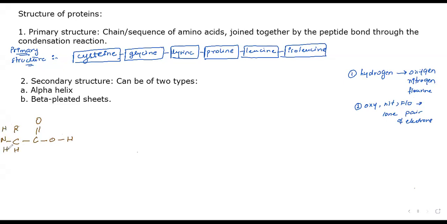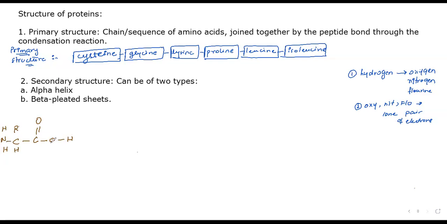Now, what is going to happen? I have this carboxylic acid. I have this hydrogen that has a bond with oxygen. When you do chemistry, you'll come across the concept of electronegativity. What is electronegativity?